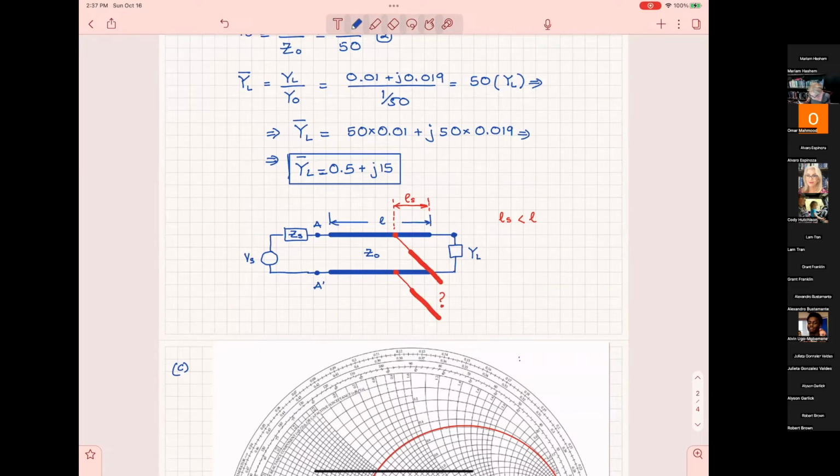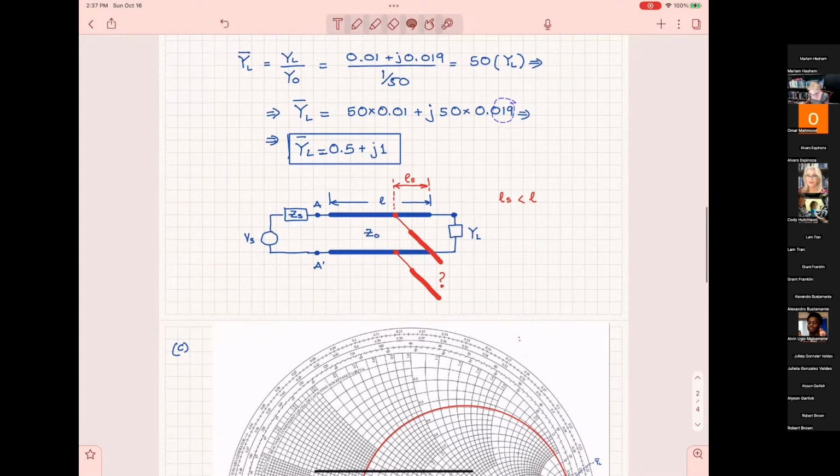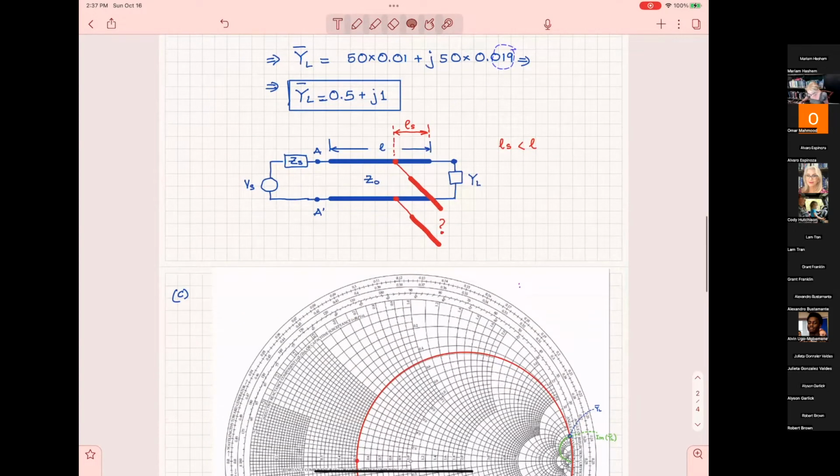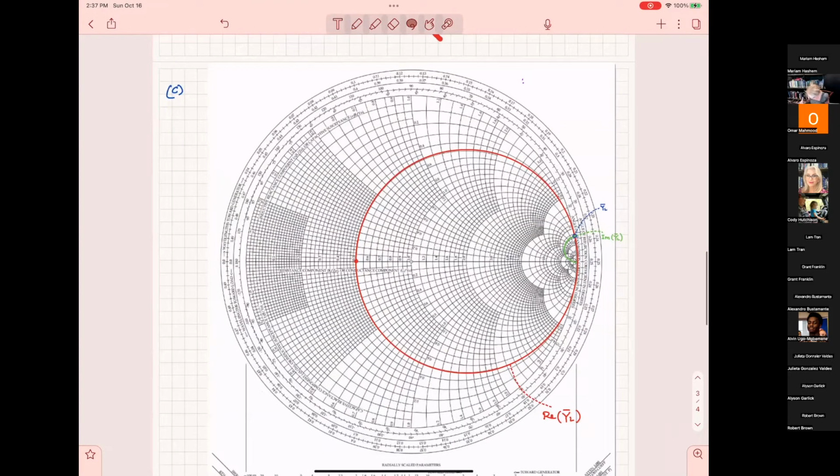This is approximately twice, so it's going to be 1. So we got very close to 1 here, which is good. I assume that this one is 0.02 practically. That is better because now I don't have to be that.